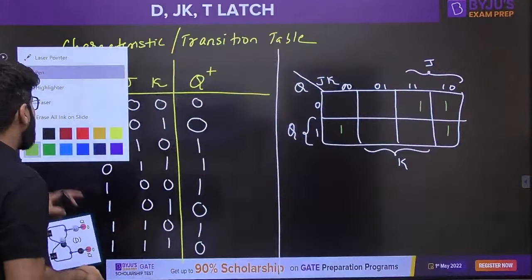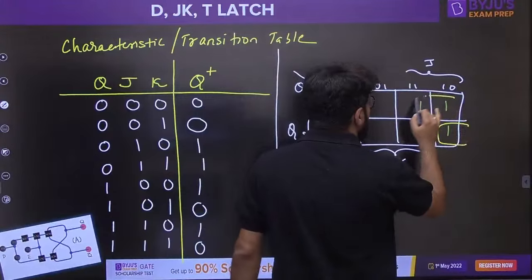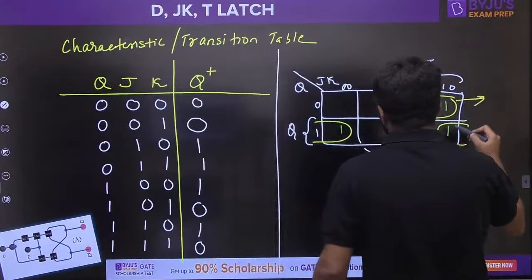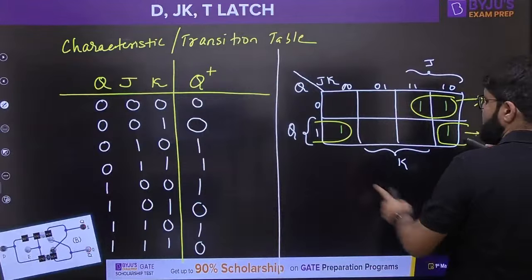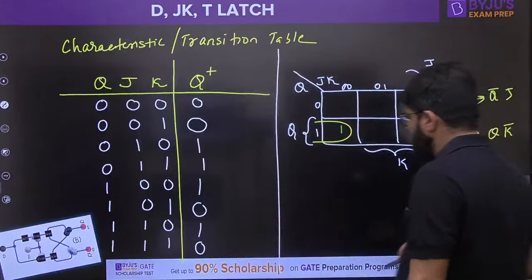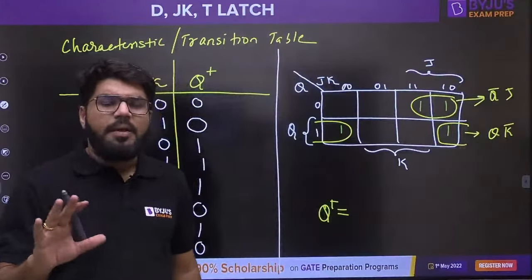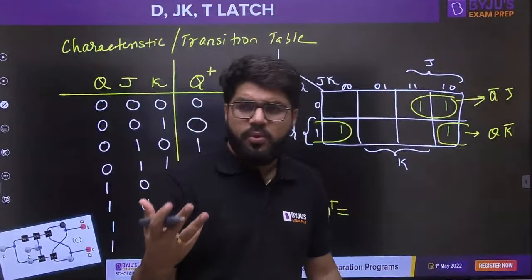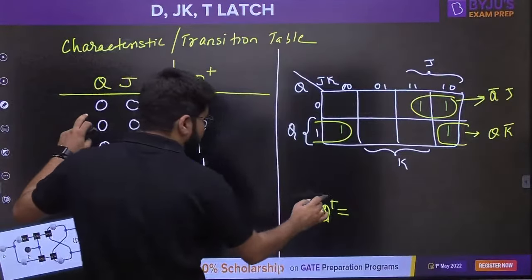Now let me complete the pairing. This is clearly a pair, and this is also a pair. We have two pairs. This one is Q bar and inside J. This one lies with Q, and this is outside K, so that is K bar. So what is the next state equation? I'm not explaining the K map here in detail. However you want to read a K map, whatever is your habit, you can adopt that, because there can be multiple habits.